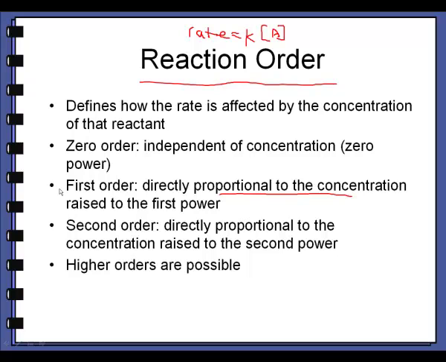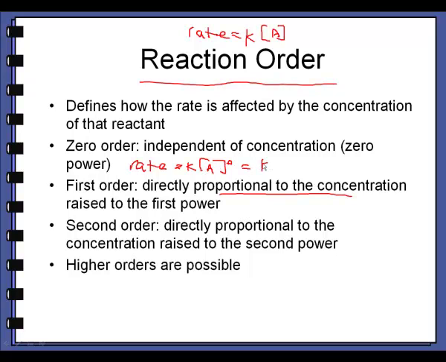Now there are other orders of reaction to keep in mind. For instance, in zero order, the rate law would look like this: the rate equals k times [A], using our same reaction from before, to the 0 power. If we have something to the 0 power, we know that just equals 1.